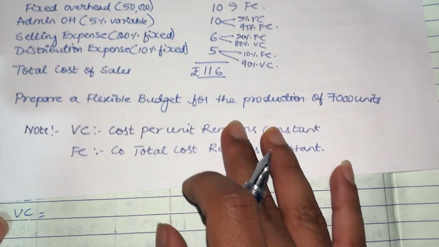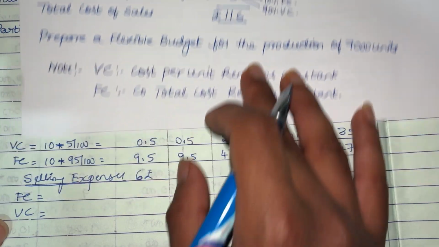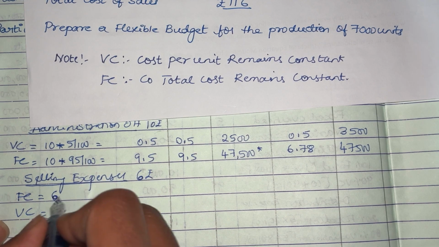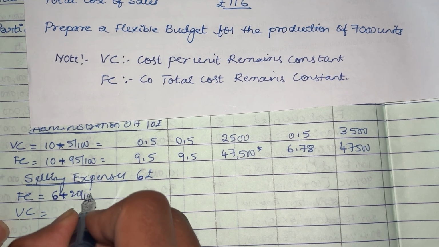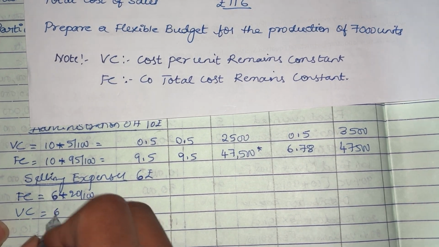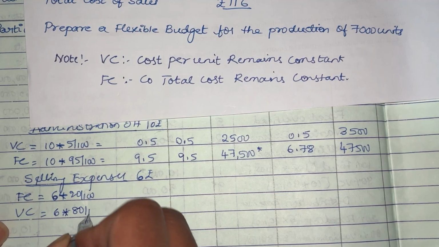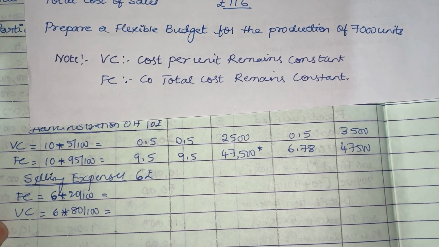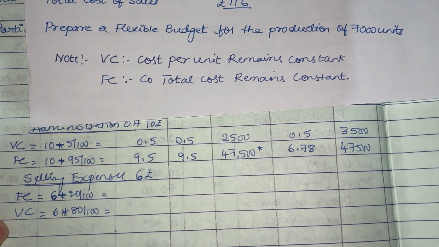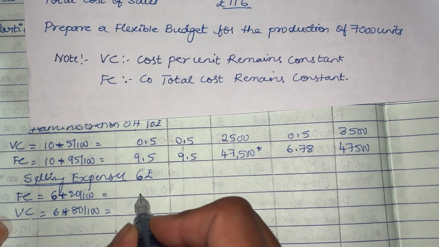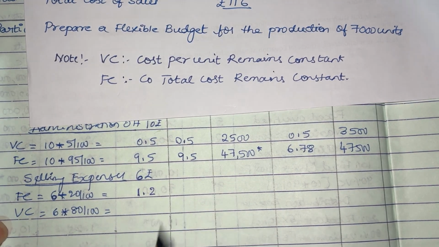So 6 into 20 divided by 100. Then 6 into 80 divided by 100. So 6 into 20 divided by 100 will be around 1.2 rupees.